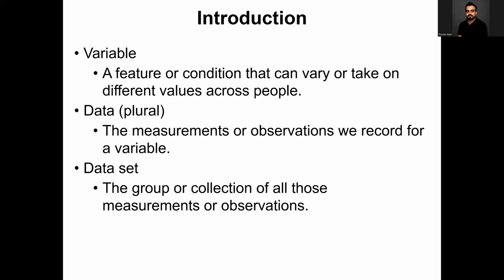Imagine an Excel sheet or a spreadsheet where we have different rows, different columns, and each cell in the Excel file or spreadsheet takes on different values, different features or conditions. So overall, that Excel file or spreadsheet is called a dataset.